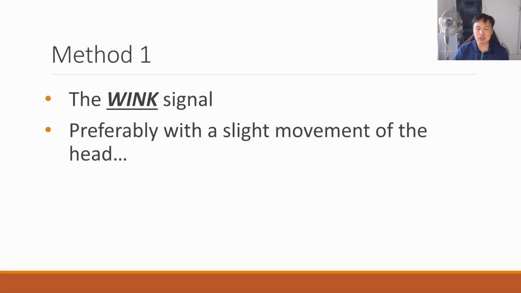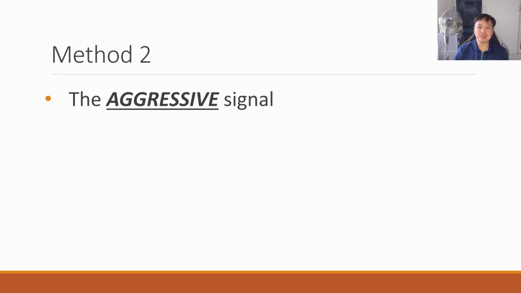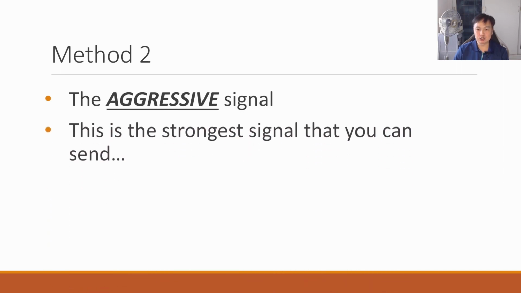And if that doesn't work, you might want to try method number two. Now bear in mind, method number two is very aggressive, so therefore I call it the aggressive signal. So what you do, okay, and this is the strongest signal that you can send, right? So what you do is when you present a point and you're done with it, right? And again, the examiner is staring at you stupidly without giving you any prompts, but you feel that you're ready to move on, right?